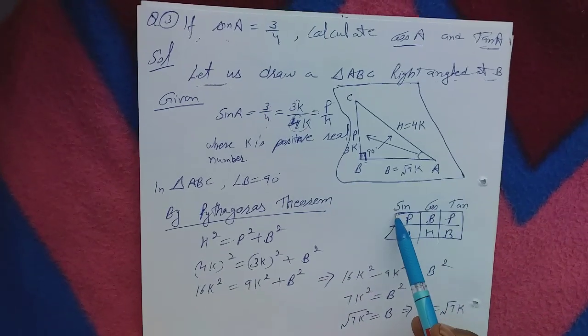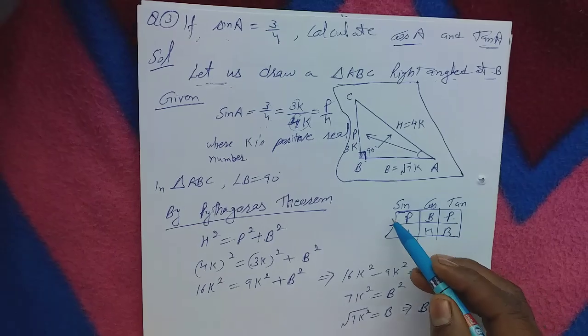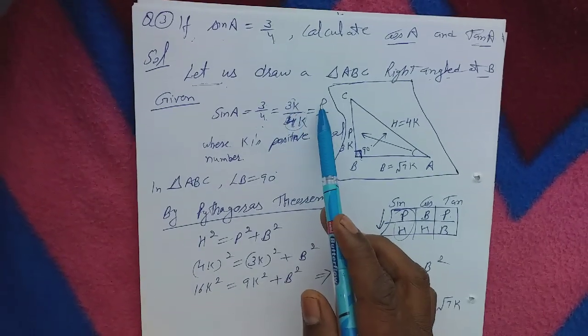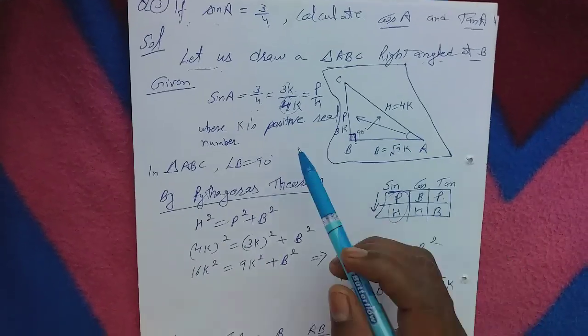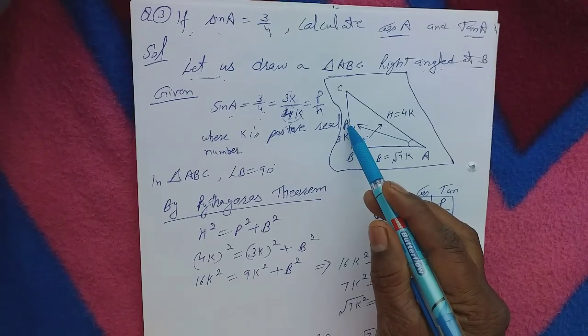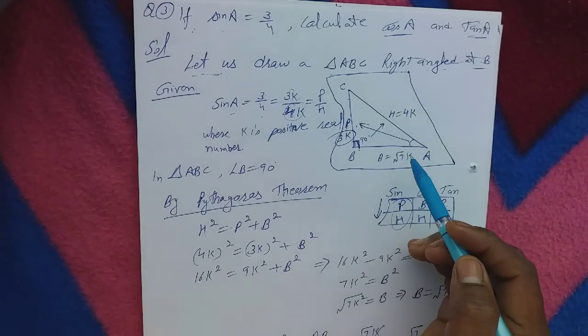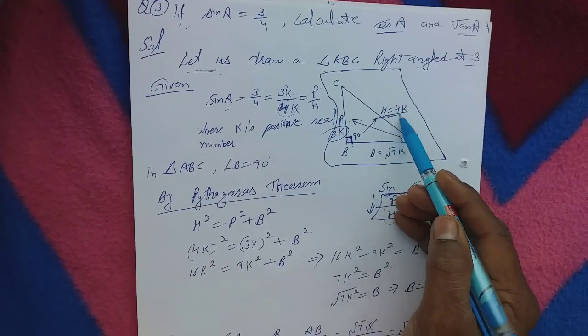Now this trick: Pandit Badri Prasad Har Har Bole Sona Chandi Tole. So sine is P by H. So we will write here P is 3k, H is 4k. In the triangle, the angle is A. Opposite to angle A is the perpendicular BC. So BC is 3k, and H, opposite to 90 degrees, is 4k.